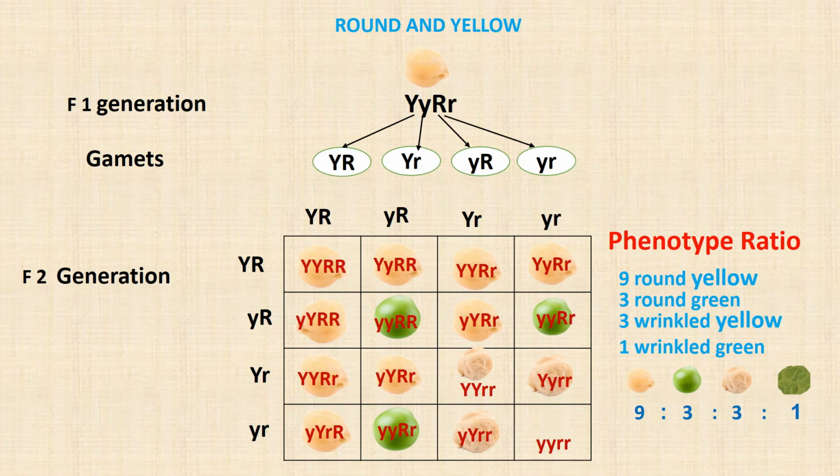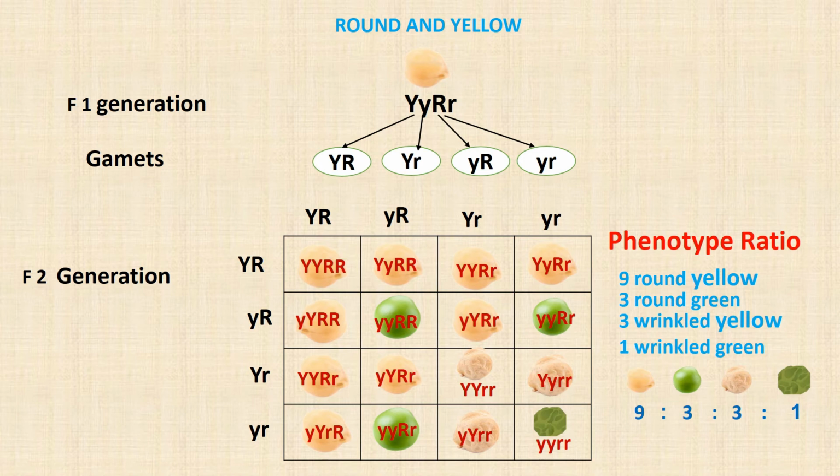So from the above result we can conclude that the factors for each character are independent and maintain their identity in the gametes, and the factors are independent of each other and pass to the next generation. The phenotype ratio is 9:3:3:1. In this way, the traits are passed from one generation to the next generation, and are called heritable traits.